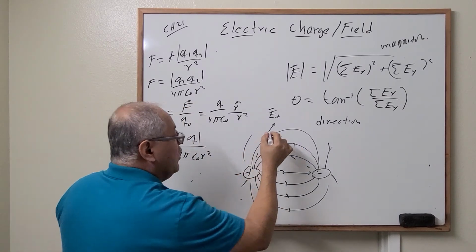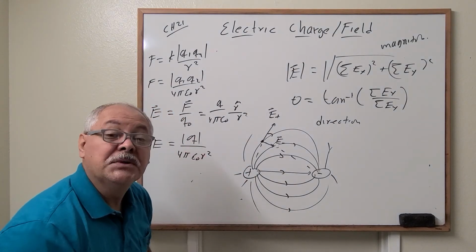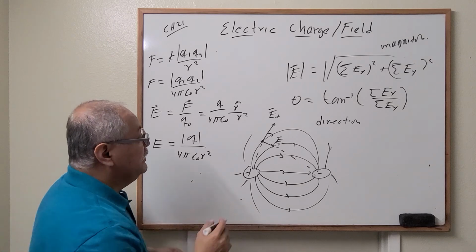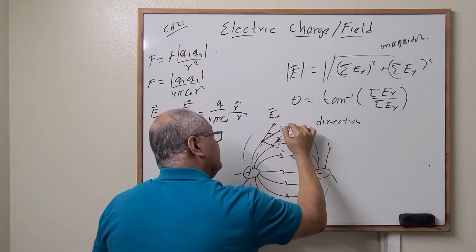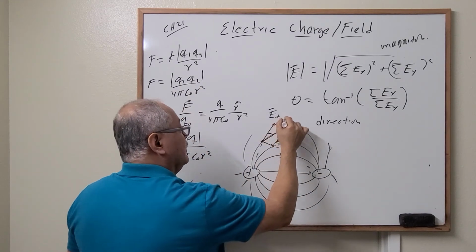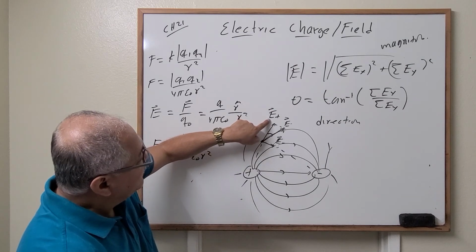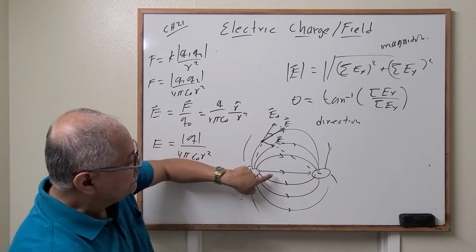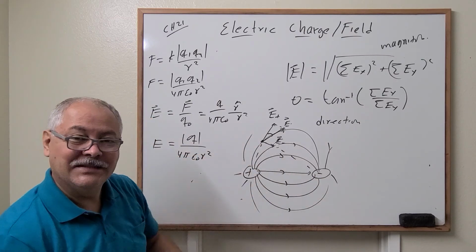When we look for the net or resultant of these two vectors, it is the sum of the electric field produced by the positive charge and the electric field produced by the negative charge at that point.